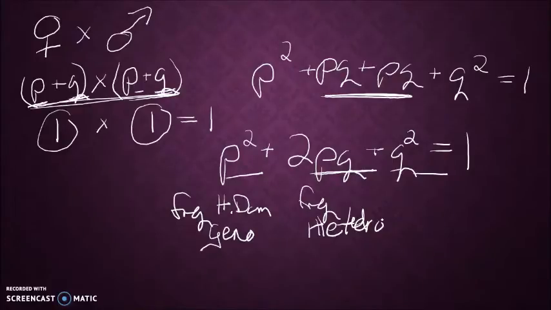And then q squared is going to be the frequency of our homozygous recessive genotype.